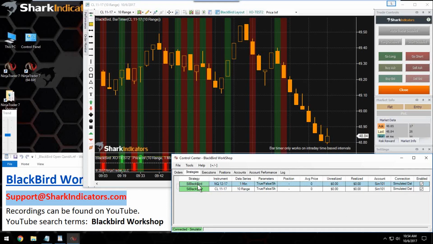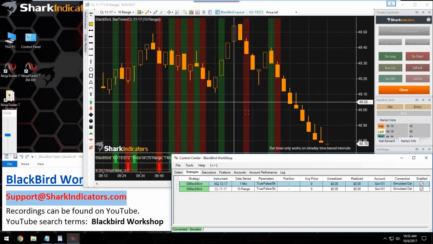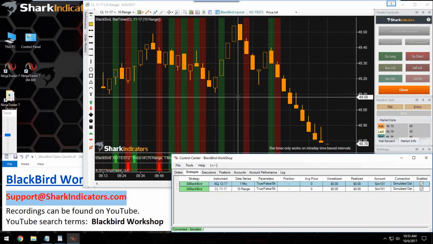And if you're going to do that, obviously that takes far, far less resources. So you could probably run twice as many Blackbirds in the background without a chart. If you don't have charts open and you just have strategies running, you could probably run twice as many strategies in the background.